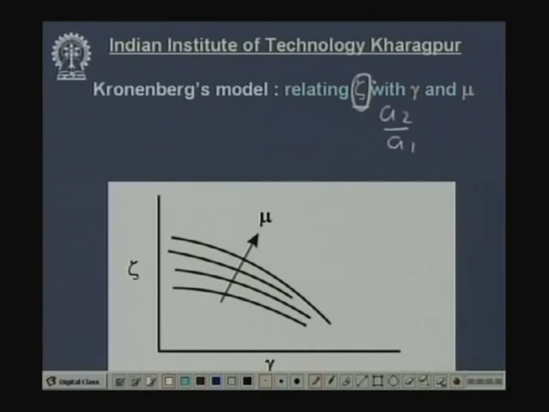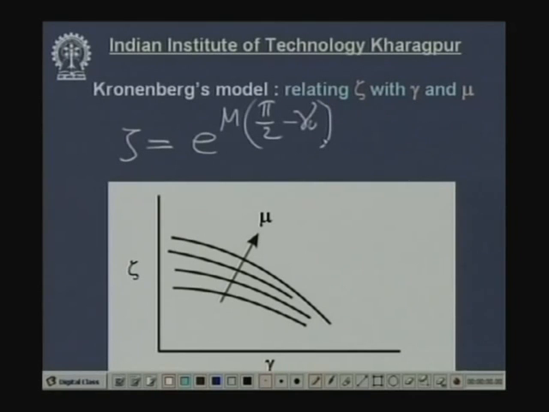Okay, that is the significance of zeta. Now, here the Cronenberg equation states that zeta is equal to e to the power mu (pi by 2 minus gamma O), where O denotes orthogonal rake, and this is orthogonal cutting.